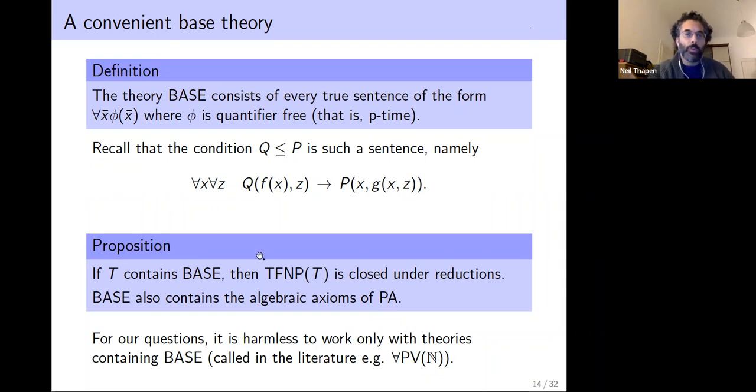And this will remove questions about which name you use to define some polynomial time function, because if two machines define the same function, then that's provable in base. And for the kind of questions we're interested in about TFNP, the theories don't really get any stronger by adding this.